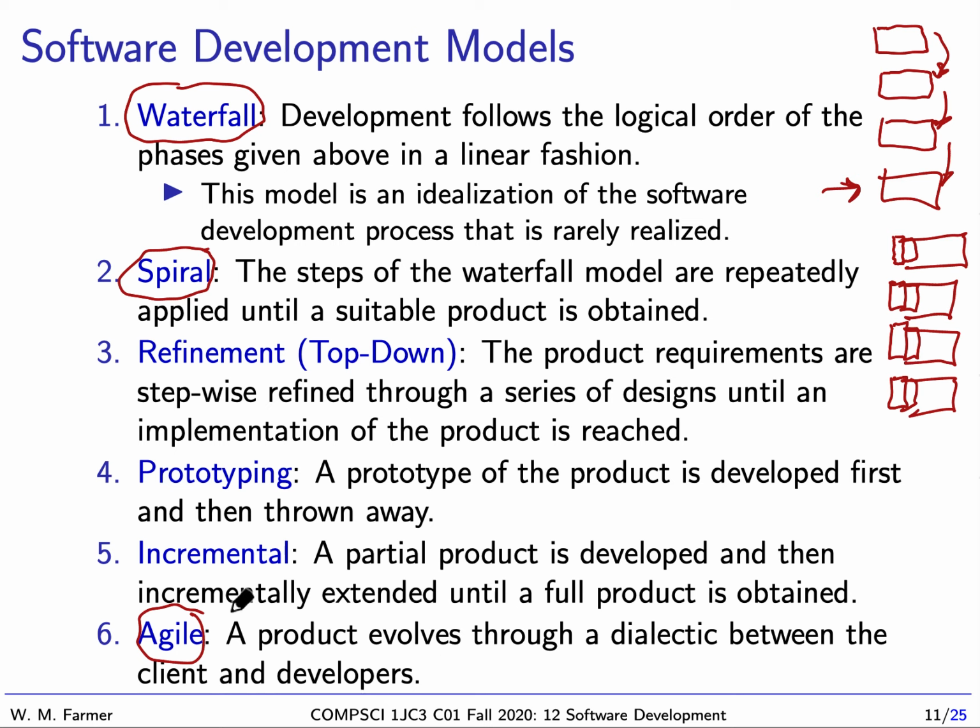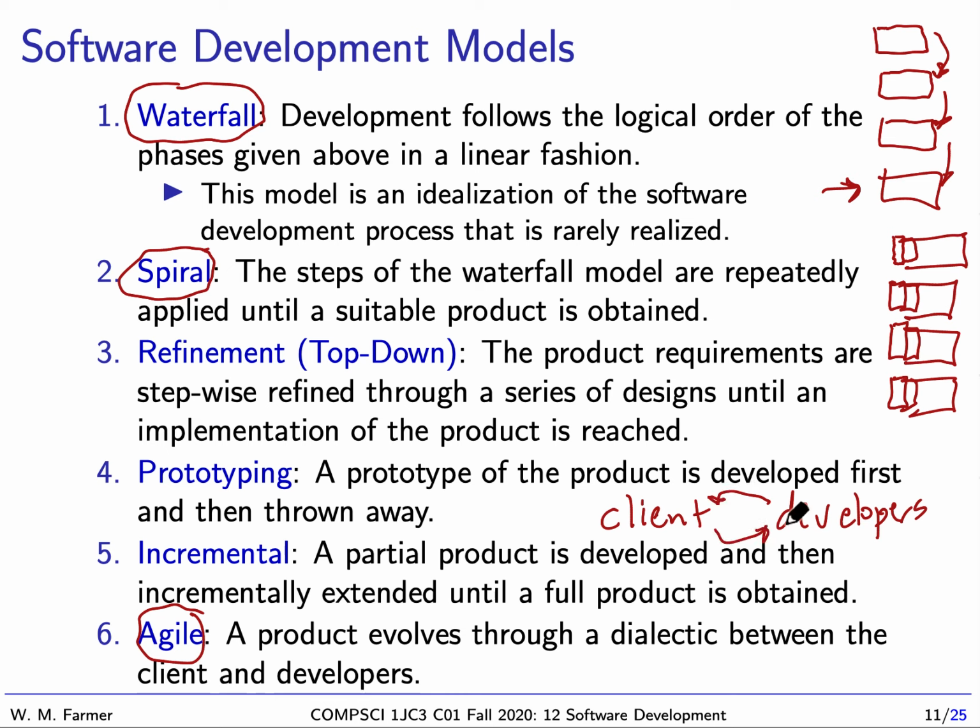So in the agile approach, the developers just develop something quickly. They show it to the client. Is this what you want? What's good about this? What's bad about it? And the client reacts, and then the developers develop something more, or they expand it or modify it. So you have the client and the developers, and they have this dialectic.